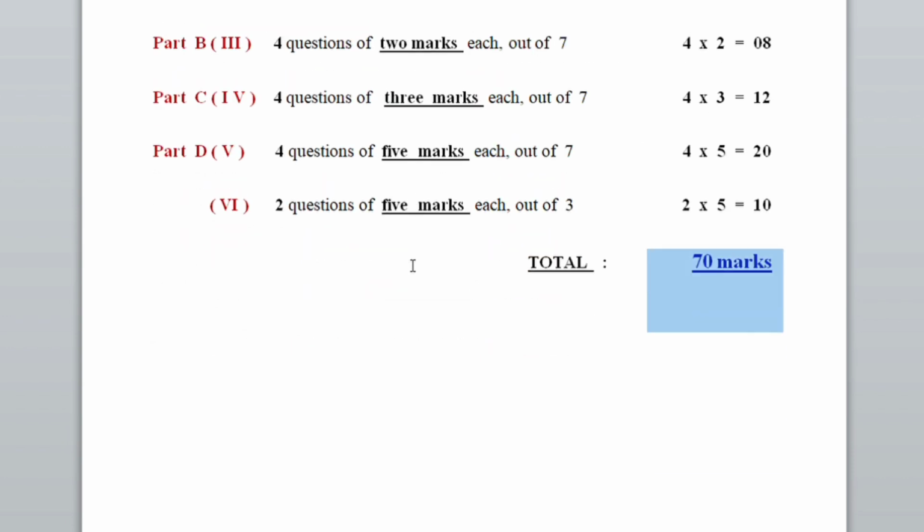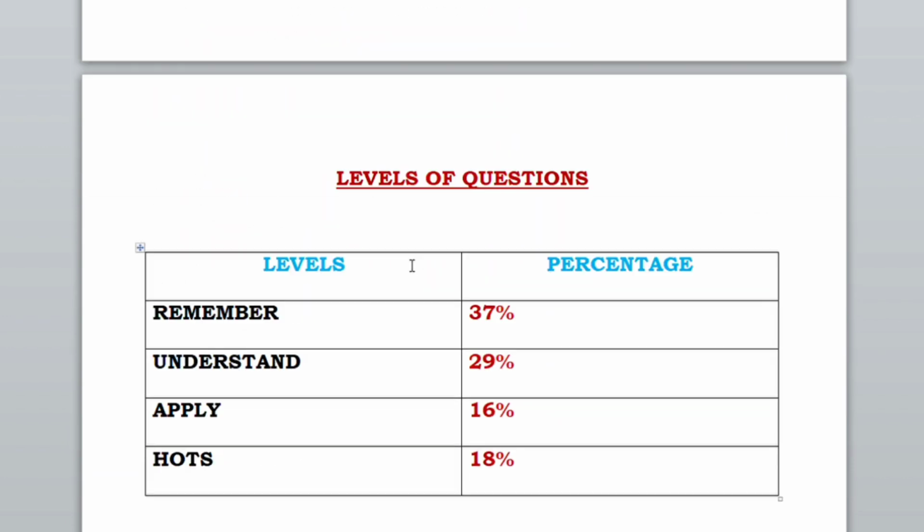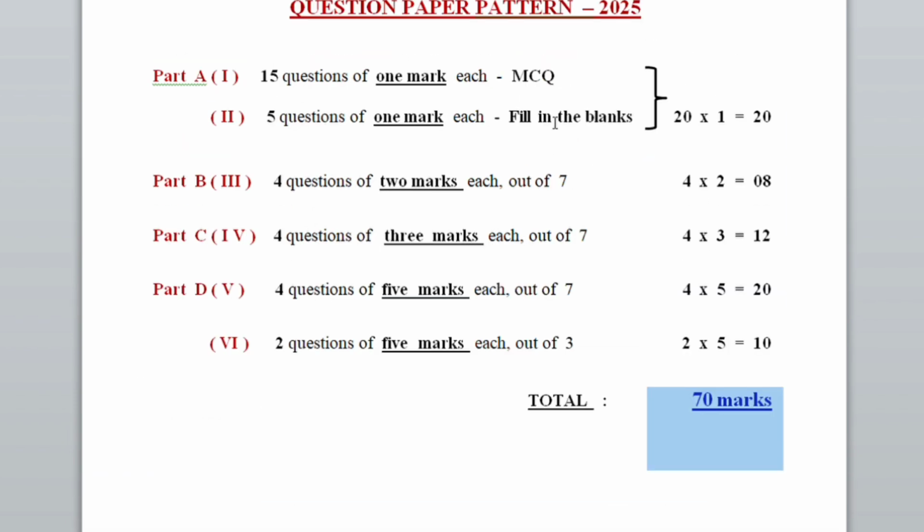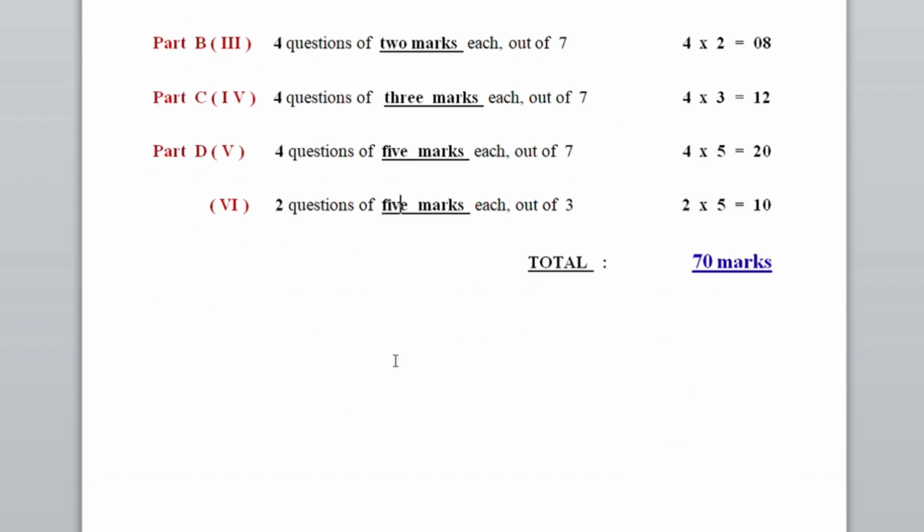Now it's time to understand the levels of questions. As I said, you will have MCQ, fill in the blanks, 2 marks questions, 3 marks questions, and 5 marks questions, again 5 marks which is the HOTS question. How do the questions appear?